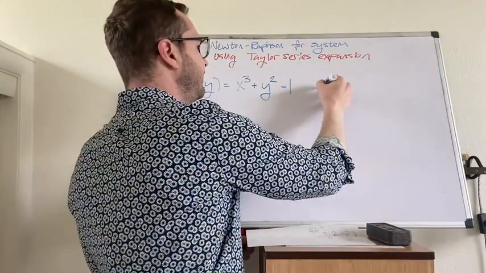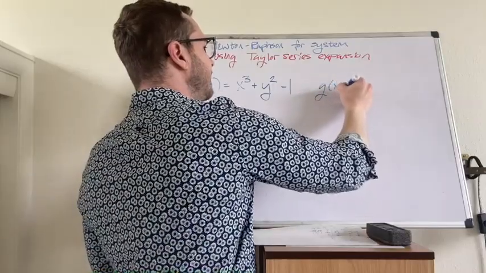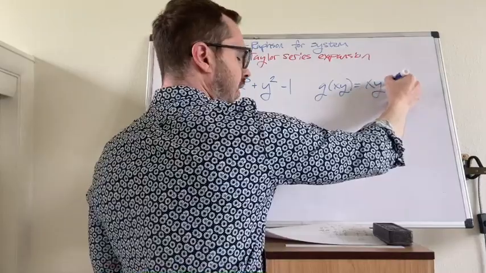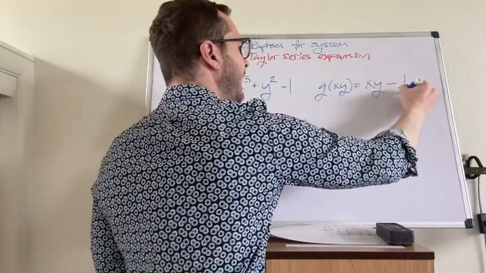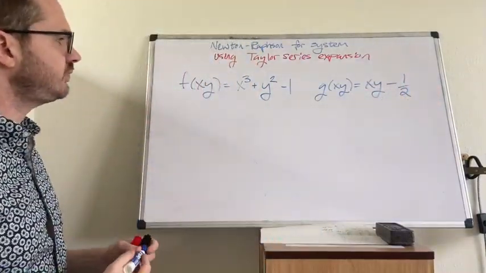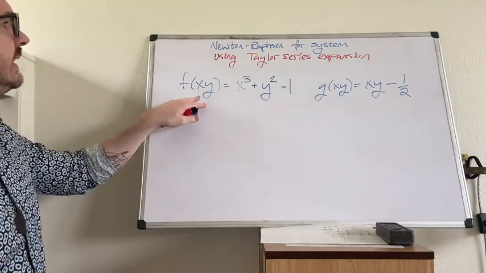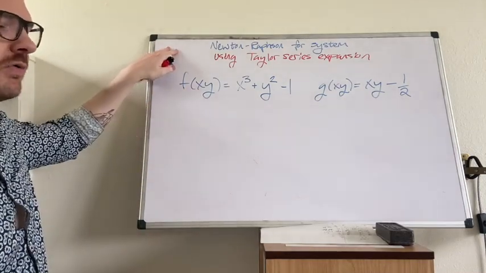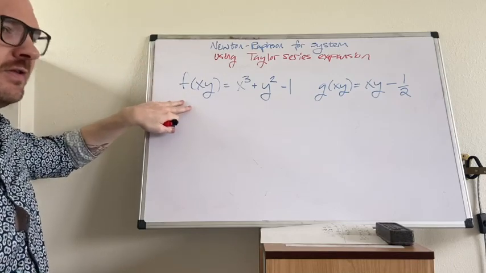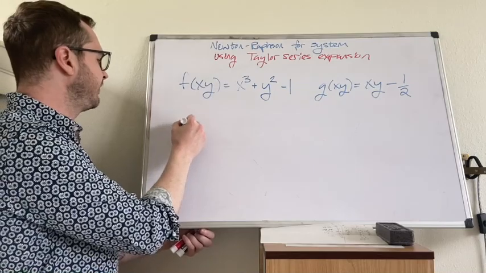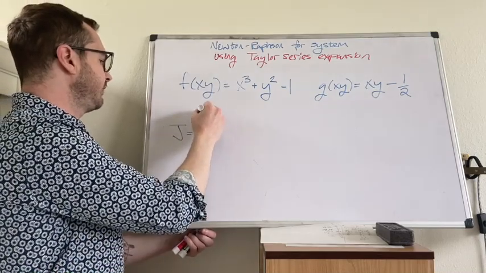And then we have a second function g of x, y, and that one is equal to x times y minus 1/2. Here's your original function. This is the information that you have. Let's say you want to write a Newton-Raphson algorithm that's going to solve this system. We need to construct a Jacobian matrix.